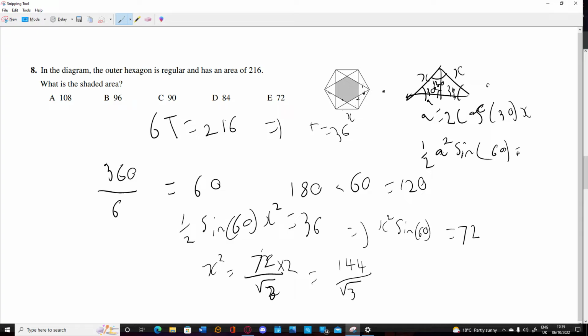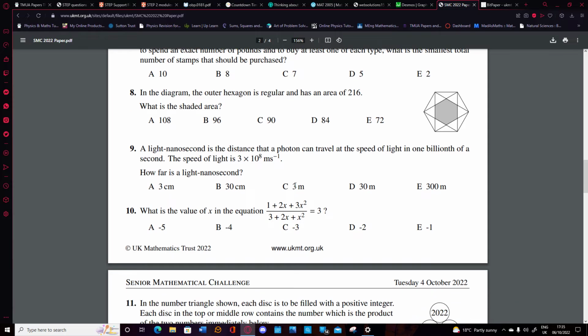Oh, I've kind of confused myself here. I'll come back to this question later, I think I messed up my variables because I called too many things the same variable. But you basically want to get the area of these equilateral triangles and minus it from half a squared sine 60, and then you get your answer. Sorry guys, I know this is a bit dodgy.